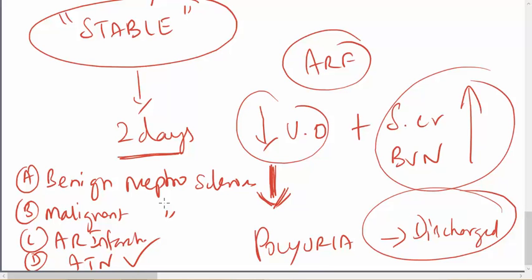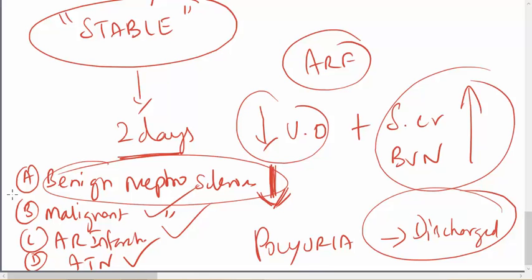After 2 days, his renal function is going down, and it keeps on going down, creatinine keeps on increasing, and the patient died. What could it be? In the given choices, the only chance is acute renal infarction, or it could be malignant hypertension, and benign nephrosclerosis will not kill him.